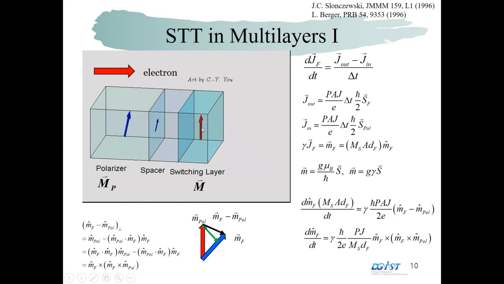And here the switching layer is not parallel to the polarizer direction. And then as you see here, the blue spin is rotated to the direction of the switching layer. Why? Because of the exchange coupling between these localized spins and these conduction electrons. So the problem is, between the incoming angular momentum and the outgoing angular momentum, there is a certain difference.